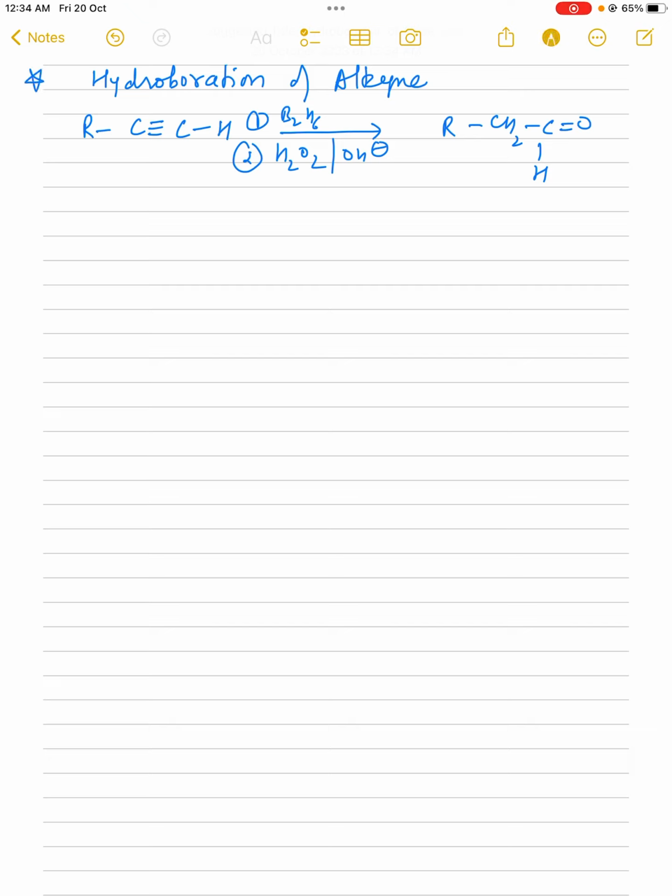Next method is Wacker process. In Wacker process, we took alkene like this, CH2 double bond CH2 plus H2O plus the catalyst is used palladium chloride.